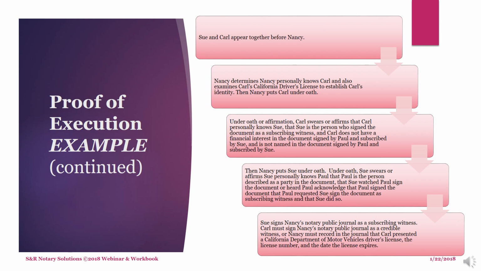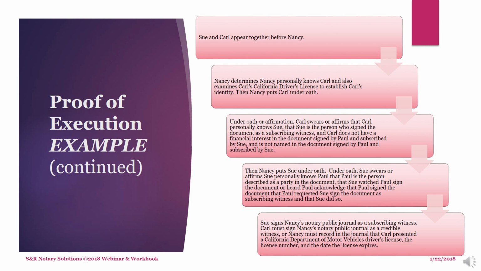Under oath or affirmation, Carl swears or affirms that Carl personally knows Sue and that Sue is the person who signed the document as a subscribing witness, and Carl does not have a financial interest in the document signed by Paul and subscribed by Sue, and is not named in the document signed by Paul and subscribed by Sue.